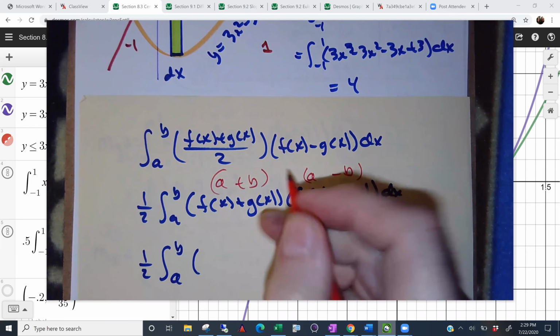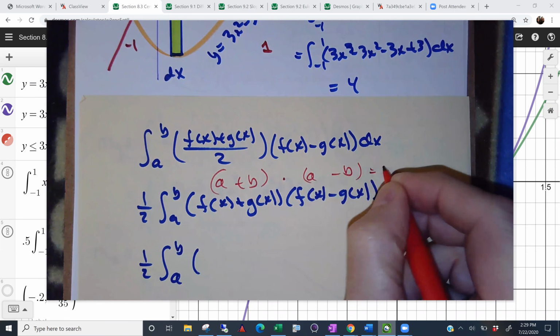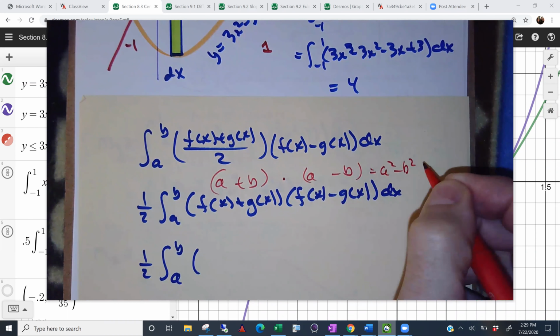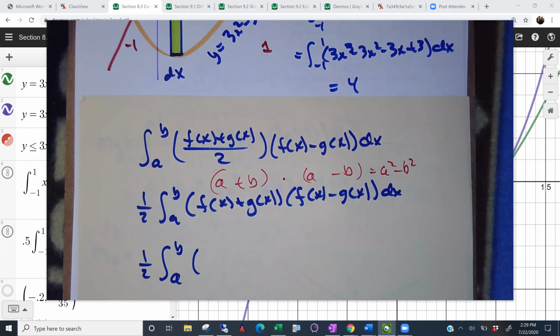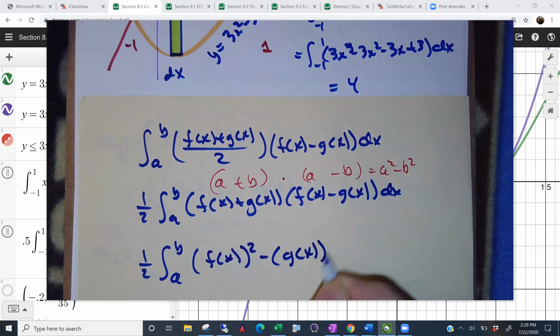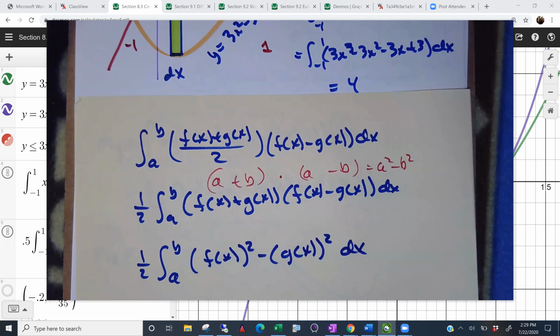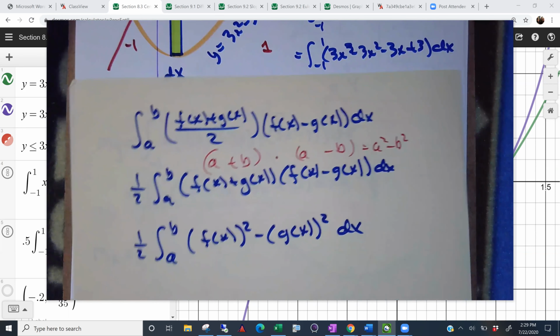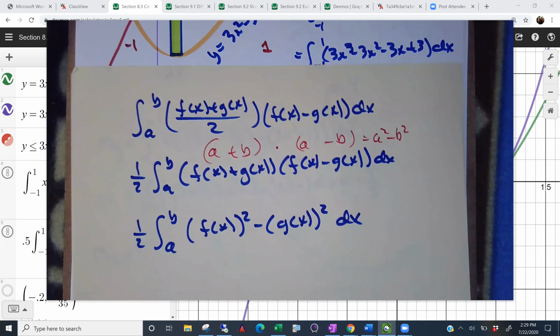If you FOIL this out, this is your algebra skills here. So it's a squared minus b squared. So rather than writing all this out, I'm just going to regard this as the integral of f of x squared minus g of x squared dx. And that can be a welcome shortcut in this.